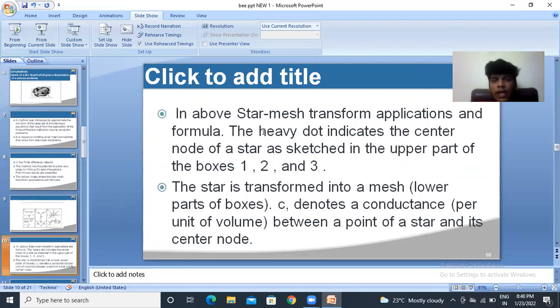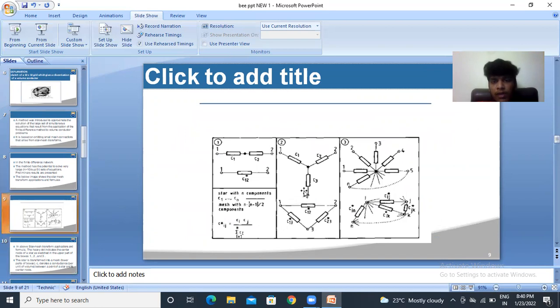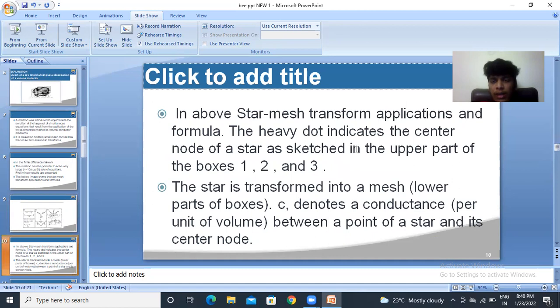In the star mesh transform applications and formulas, the heavy dots, here in the first image, here, here, and here, indicate the center node of a star.